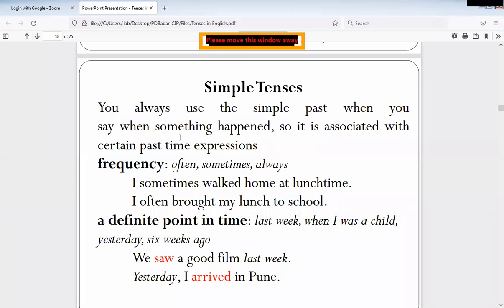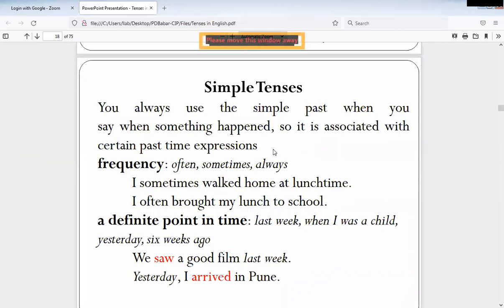So it is associated with certain past time expressions. So there are certain expressions to express or to identify the actions that have happened in the simple past tense.